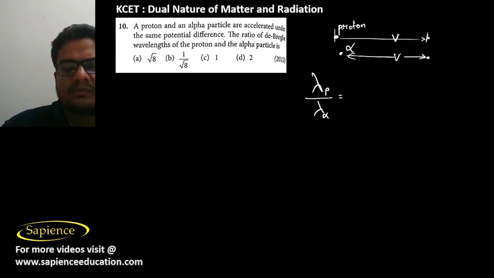So the charge of a proton is e and its mass is suppose m. Then the charge of an alpha particle is 2e, since it is a helium nucleus, He 2 4. So its charge is 2e and its mass is 4m.